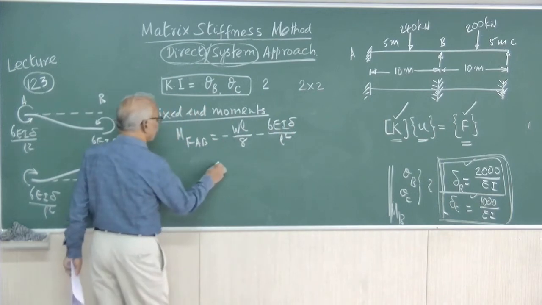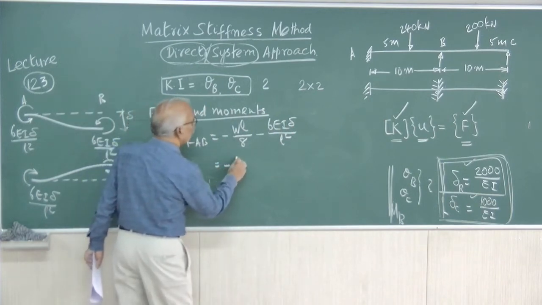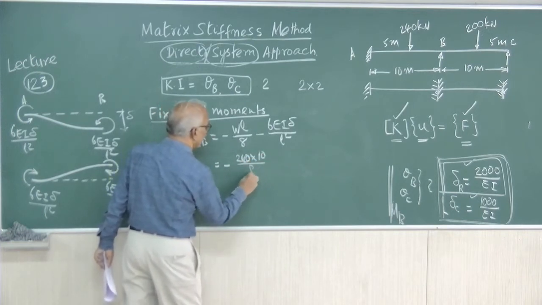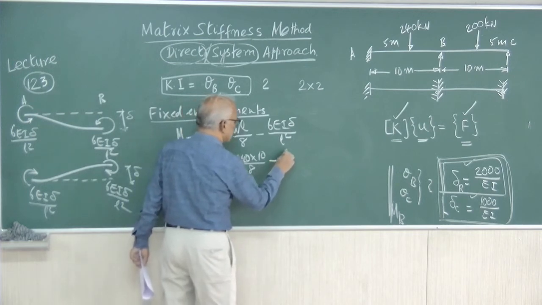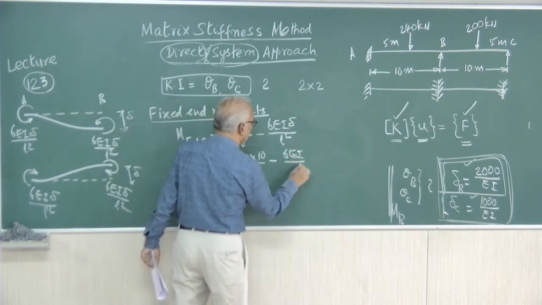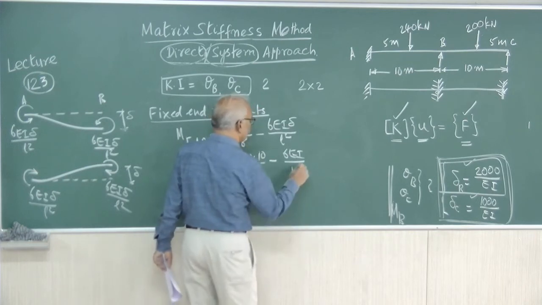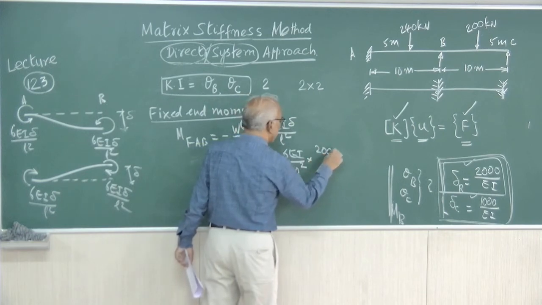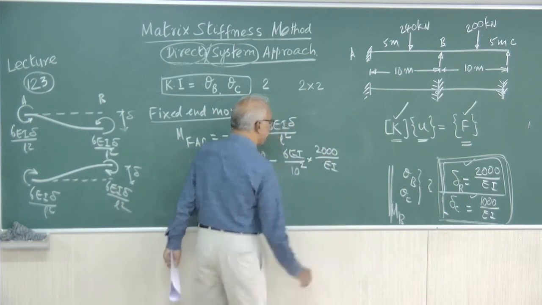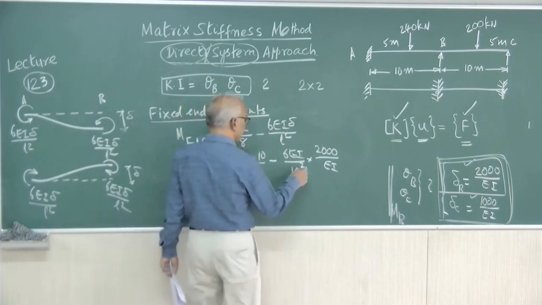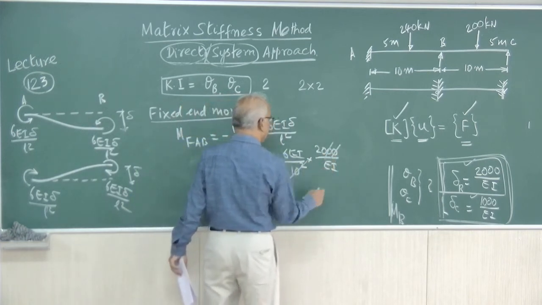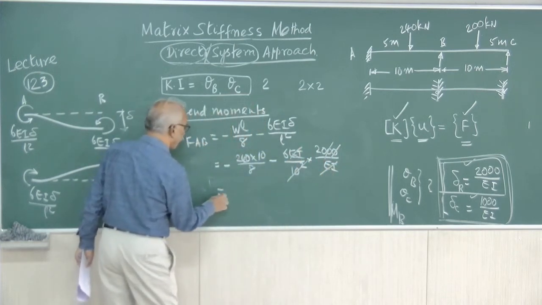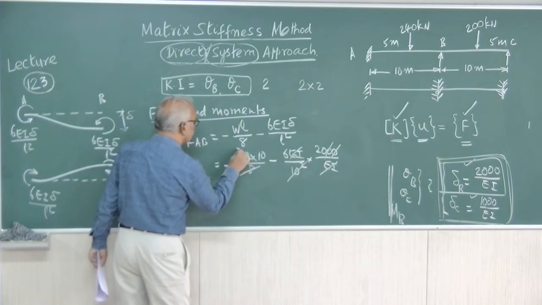So this value is equal to minus 240 into 10 by 8, minus 6EI by L square, where L is 10 meters, so L square is 10 square, into delta equal to 2000 by EI. On simplification, 10 square and this will get cancelled, EI and EI will get cancelled. So this will become 30.